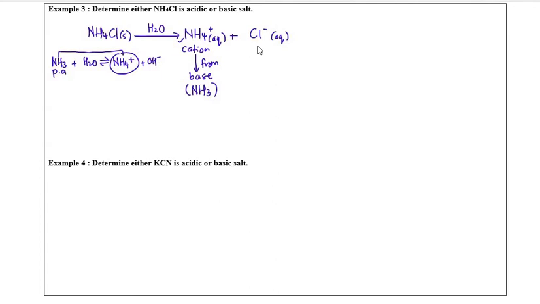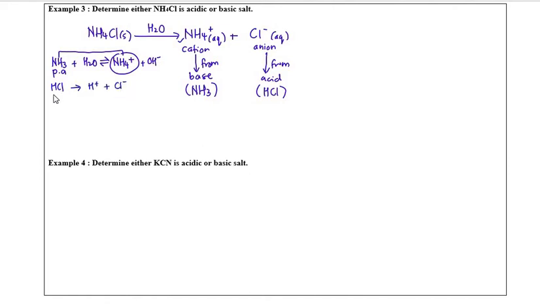Next, an anion, as I said before, always comes from your acid. So choose the suitable acid that produces Cl-. I will choose HCl because when I dissociate HCl, I will produce H+ and Cl-.